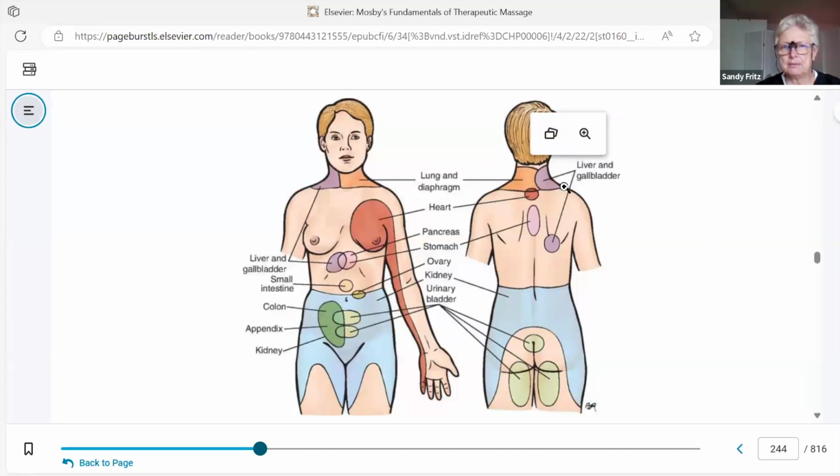So for example, it's very common over here, the liver gallbladder area here, it's very common for somebody to have an actual nerve impingement of the brachial plexus. And it'll manifest in these same areas as the liver and gallbladder. And we don't have the diagnostics to know the difference.